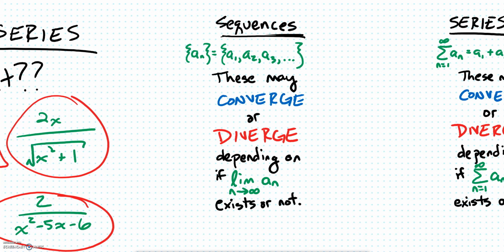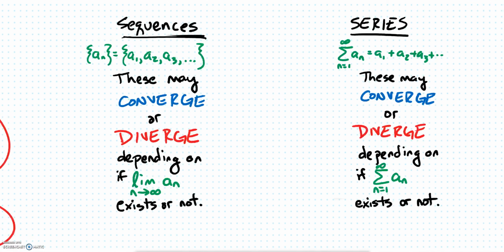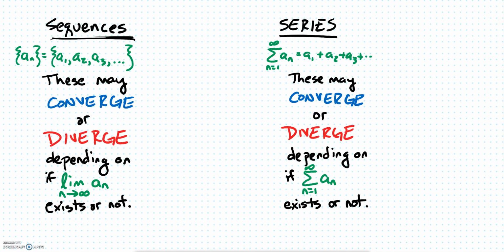And then we very quickly shifted gears to series. And we found that a series may converge or may diverge not if the terms converge or not, but if the sum of all of the terms converges or not. If this sum exists or not.